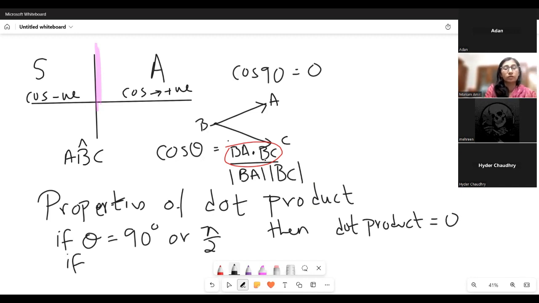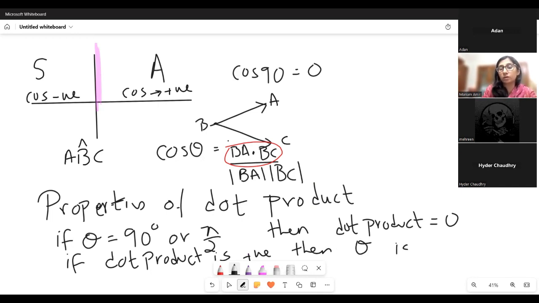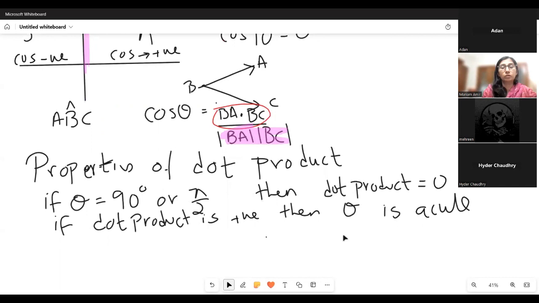If dot product is positive, then theta is acute. Because the denominator is always positive, the numerator will determine the sign of cos theta. So if dot product is positive, that means theta is acute, and if dot product is negative, that means theta is obtuse.